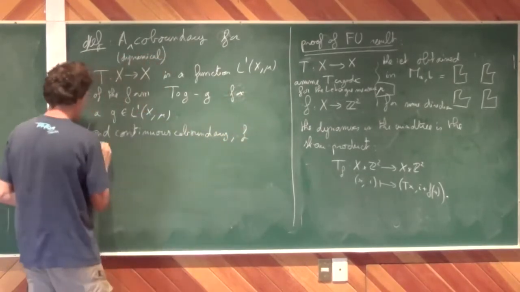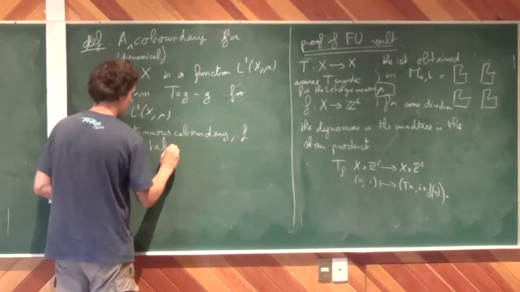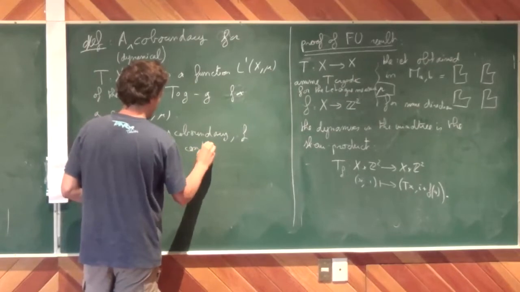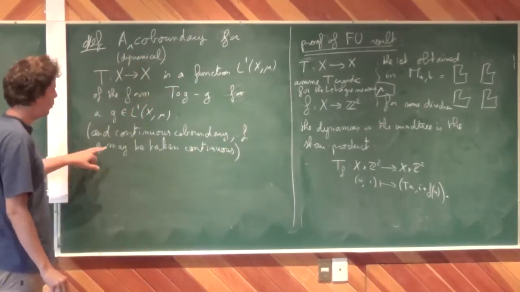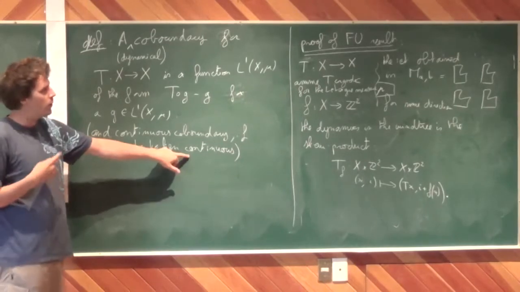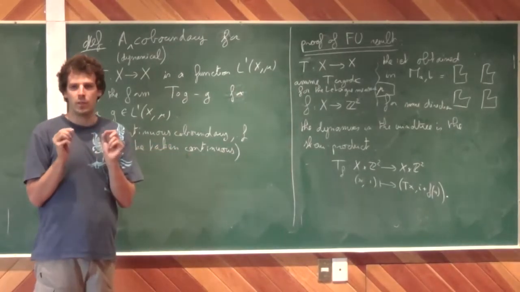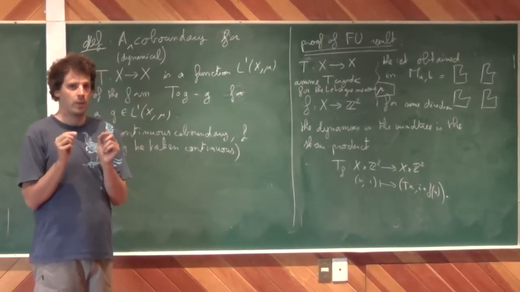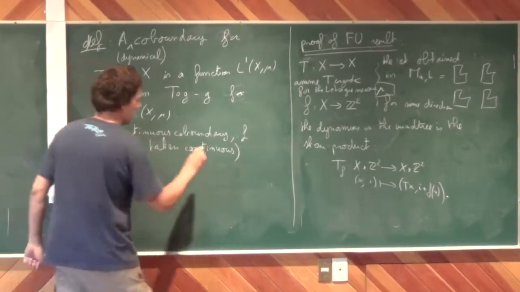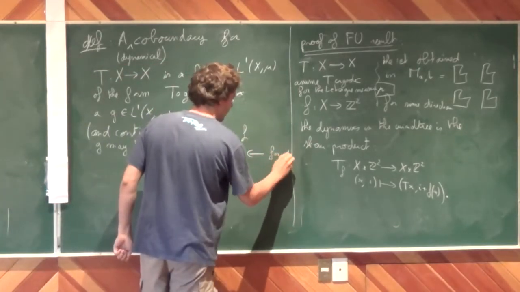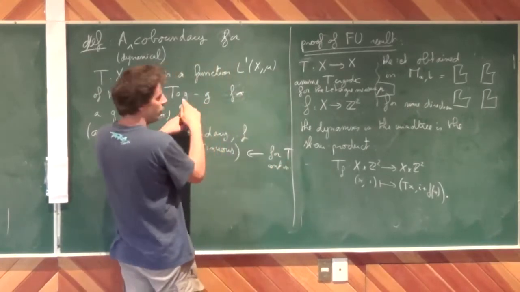Here I have to warn that the topology you want to consider on your interval is not the standard topology, because you have discontinuities for your map. So your map T is not continuous. This definition only works for T continuous. Otherwise it makes no sense to ask that this is continuous if g is continuous.